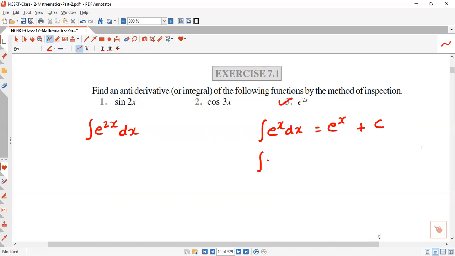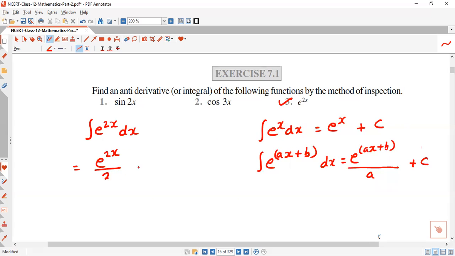Here, instead of x we have 2x. If x is replaced by the linear function ax plus b, the answer comes out the same, e^(ax plus b), divided by the coefficient a of variable x, plus some constant c. So here it comes out e raised to 2x upon 2 plus some constant c.